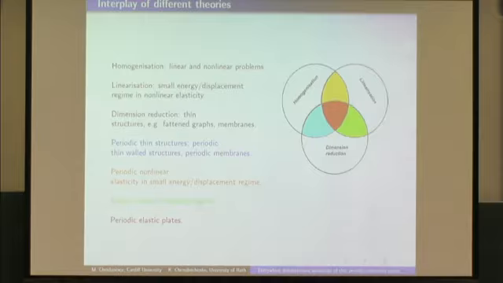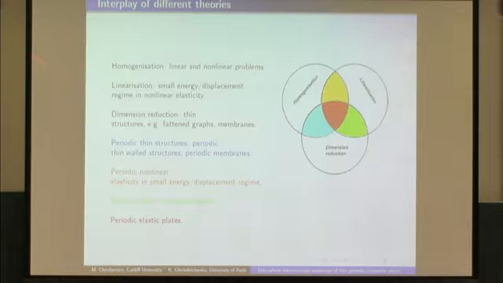There are many different problems you can study using homogenization. They can be periodic problems or stochastic problems. Problems can be linear, which is a more usual setting for homogenization, but also there are nonlinear problems, in particular in nonlinear elasticity. There are many classical works on this subject.